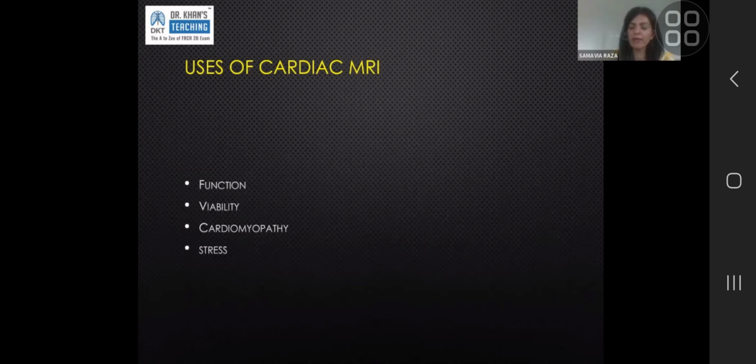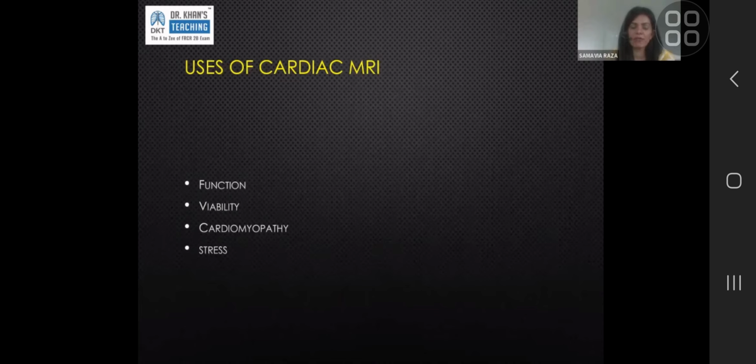Echo is handheld, done by a sonographer or a cardiologist, and depending on the patient habitus, the patient may be big or may not allow the cardiologist to do it. So cardiac MR comes in handy in those patients when you are not sure of the values that you're getting with echo. Cardiac MR for function does not require contrast. It is just the cine stack views that help you get the function.